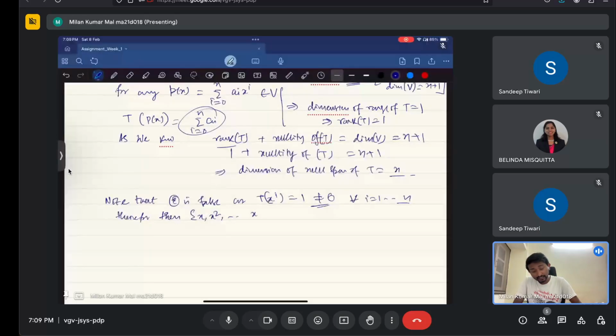But one can easily check these elements are in the null space, because for these elements the sum of the coefficients is always 0.